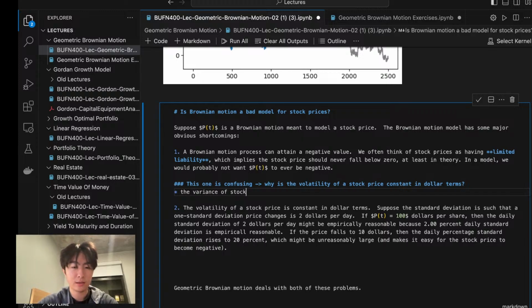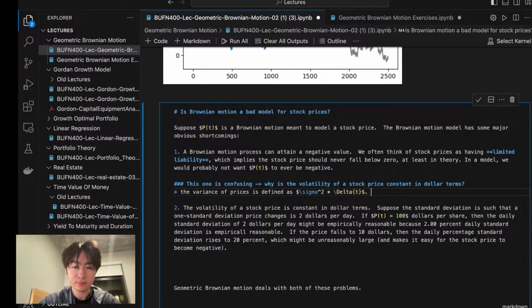Okay. Stock price is defined as sigma squared, and then we multiply that by the amount of time that has passed in our geometric Brownian motion process.